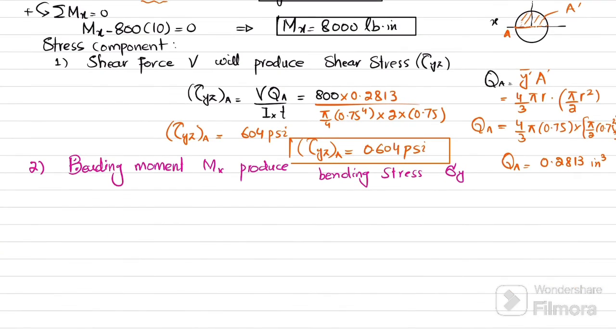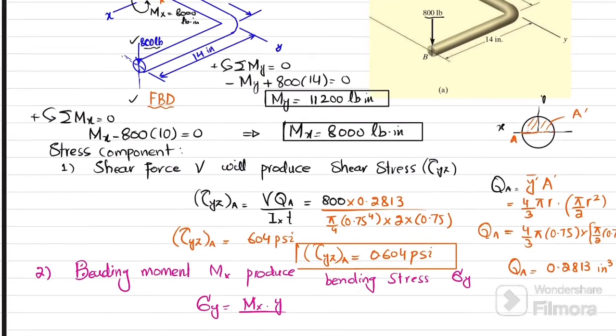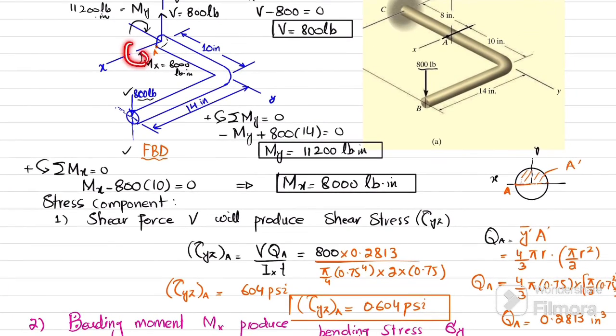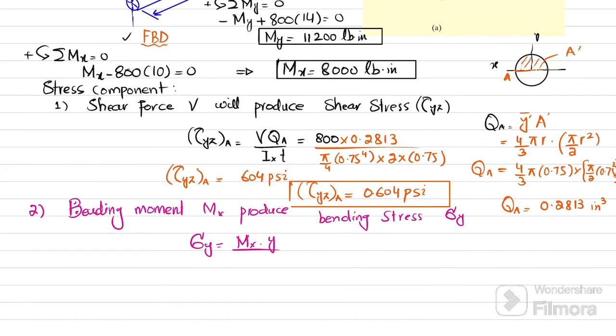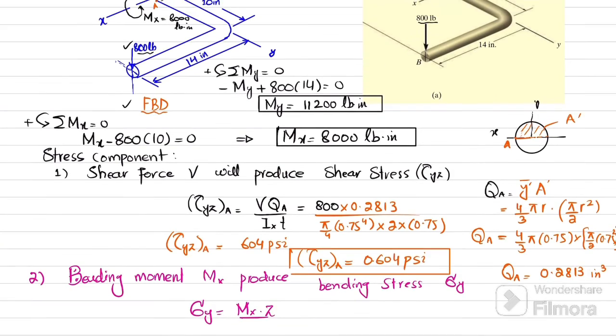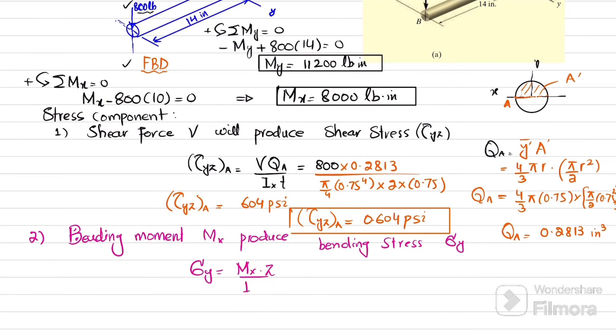And we can find this sigma y will be equal to Mx into z divided by Ix, because you can see this moment is this one and z is the direction from the z axis, which will produce stresses in y direction. Bending stress is equal to M into c divided by I.